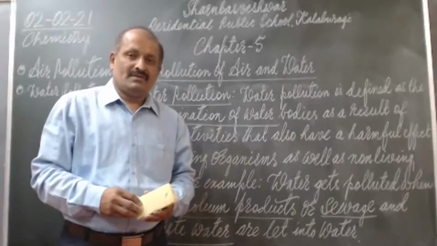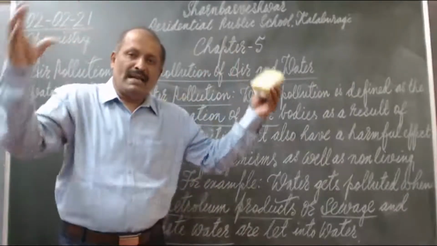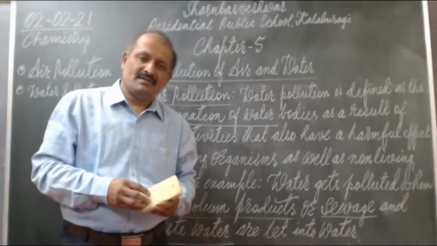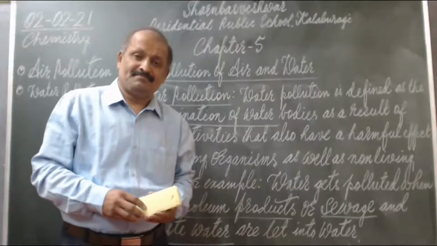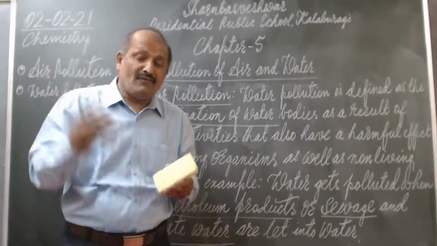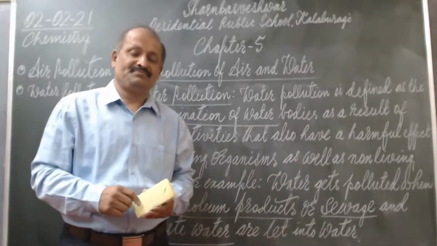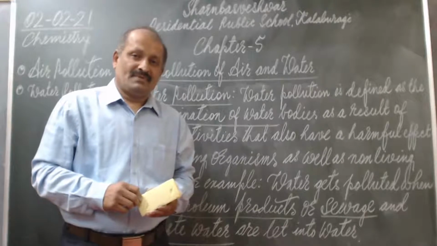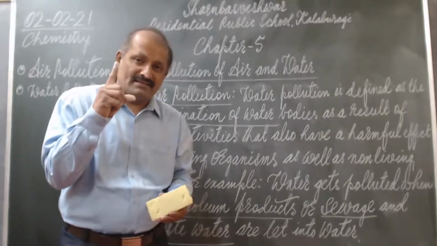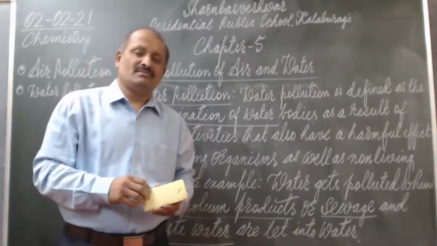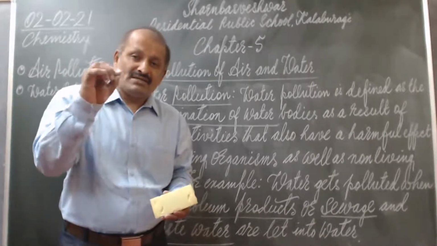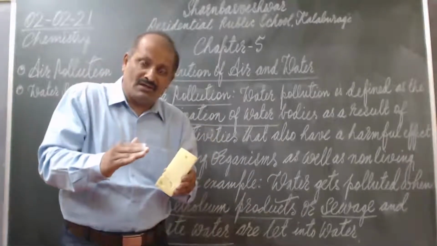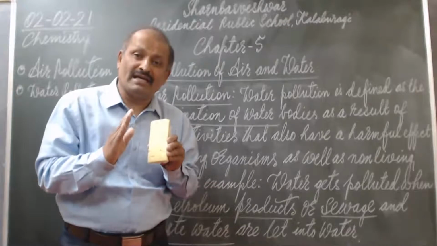You may say that the earth is blended with 3/4 of water, sufficient water. Only 1/4 is land. There must be no scarcity of water at all. But, my dear students, less than 1%, that is around 0.75% of water, is feasible for drinking.